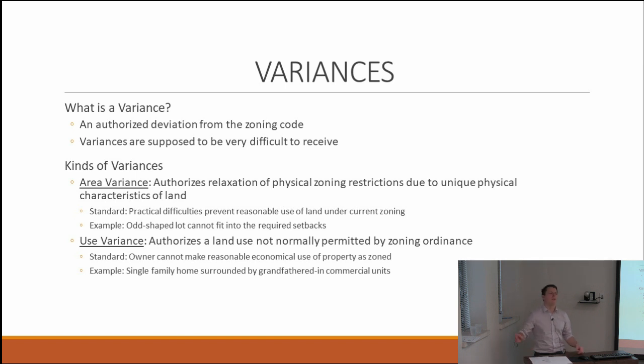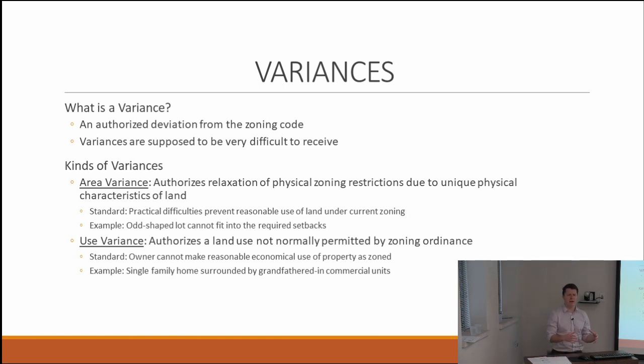Examples of this can be, if I went through an area and I zoned it all residential and it was cut up into a bunch of different lots, and then there was a lot that was kind of on the corner, it had an odd shape, and someone wanted to develop a home there, and they looked at what the zoning ordinance said, and there's no way that they could fit a single family home into this strangely shaped parcel of property and meet the required setbacks.